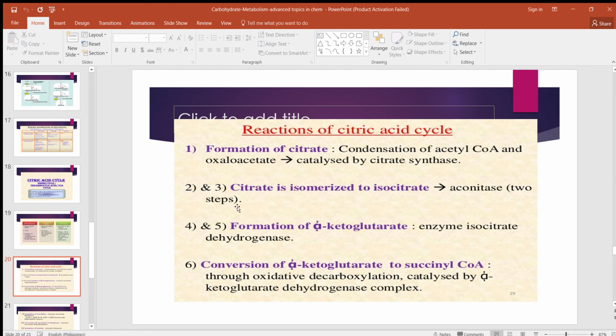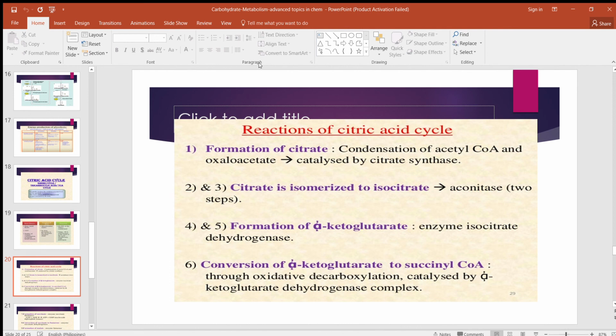Okay, so citrate is isomerized to isocitrate, by aconitase in 2 steps. Okay, so formation of alpha ketoglutarate, enzyme isocitrate dehydrogenase. So pag sinabi kasi nating citric acid cycle, it is an enzyme-catalyzed reaction.